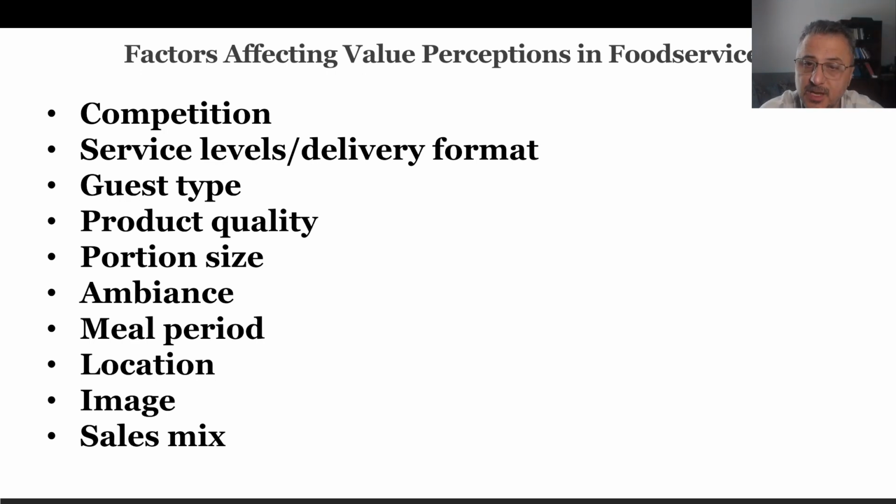Product quality. First, we always assume all the products we serve to people have a certain level of quality and safety, right? I mean, we are not going to give them spoiled meat or something, right? There is a certain level of expectation in quality and safety.